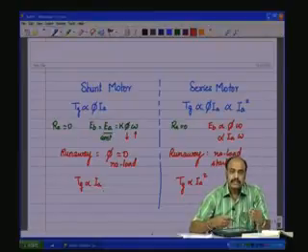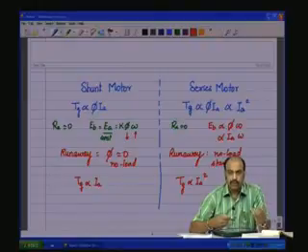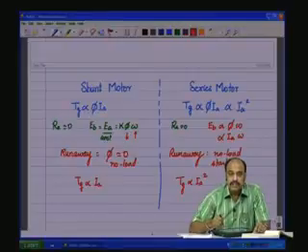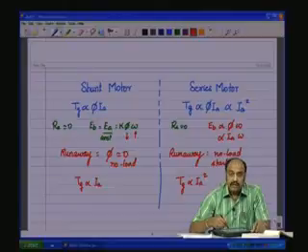If IA is having a per unit value of 1, that is 100%, torque will be having per unit value of 1. But in the case of TG, which is IA square, it is square times the rated value.